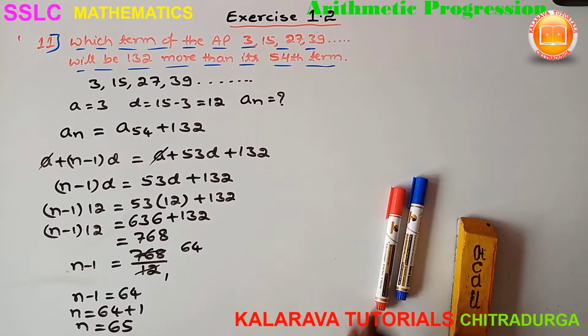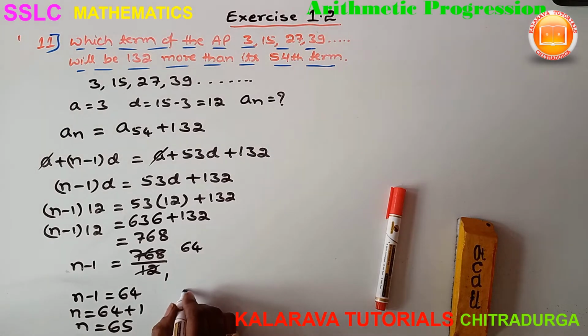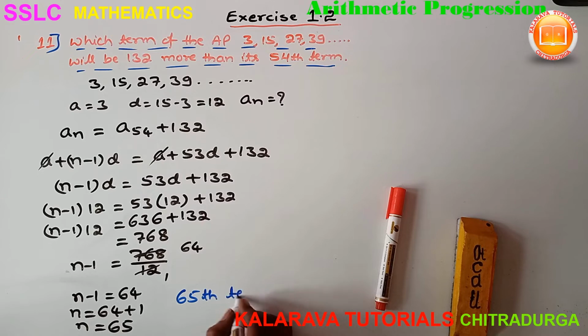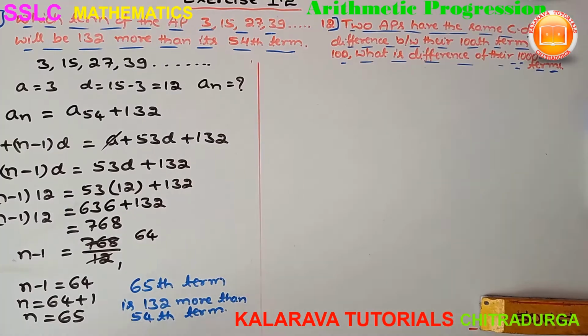That means the 65th term is the answer. So the 65th term is 132 more than the 54th term. This is the answer.